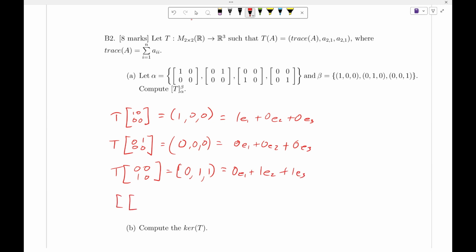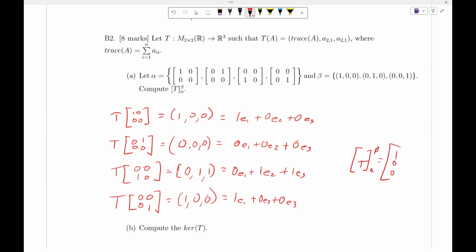And last but not least, we have T of 0, 0, 0, 1, which equals 1, 0, 0, which is 1 E1 plus 0 E2 plus 0 E3. And this creates the matrix representation, T alpha beta, equaling 1, 0, 0, 0, 0, 0, 1, 1, 0, 1, 1, 1, 0, 0.